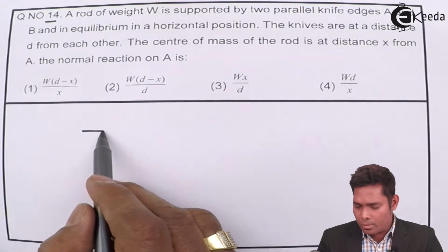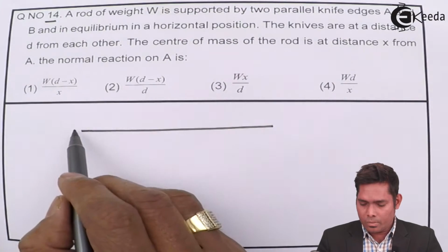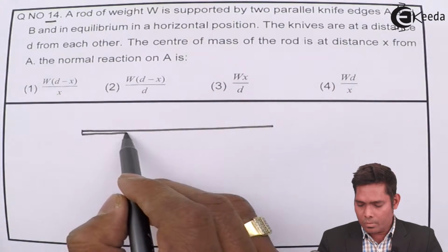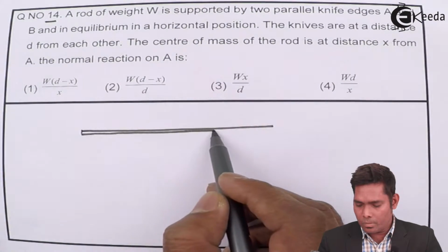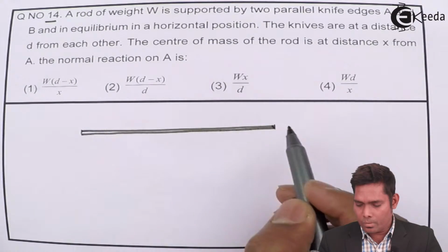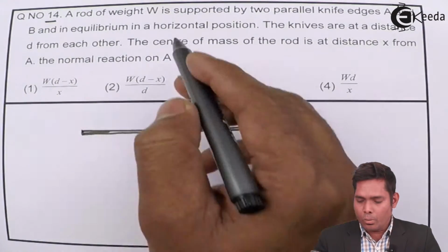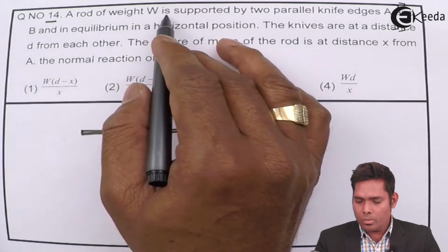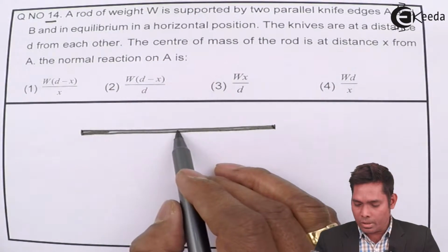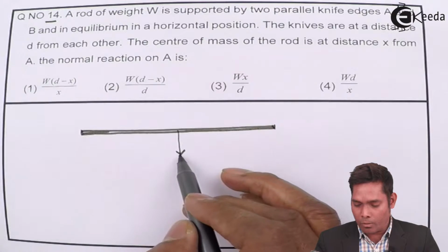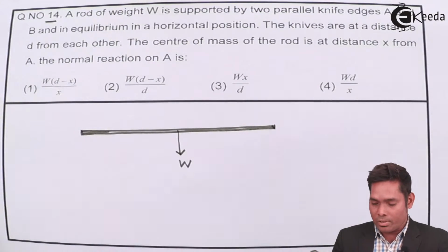There is a rod whose weight is W, so obviously its weight will act downward from its center of mass.